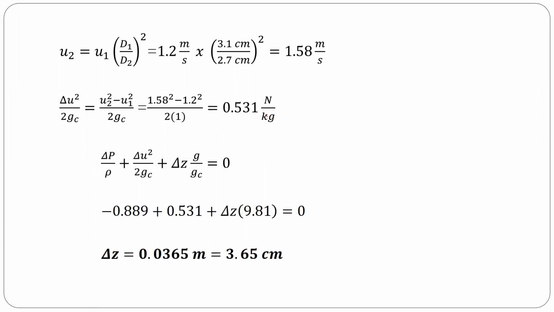Okay. Going back to the working equation, which is the Bernoulli equation, plugging in the values that we have completed so far. All right, we ended up, okay, that the value of the delta Z, or the height between the aorta and the left ventricle, okay, is 3.65 centimeters, which makes sense, right?